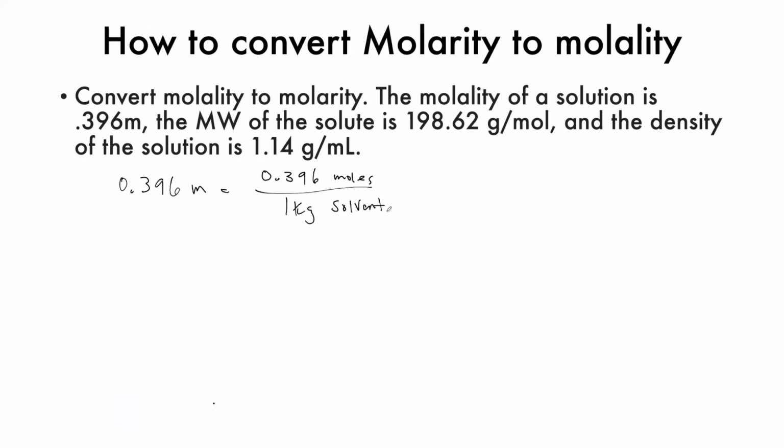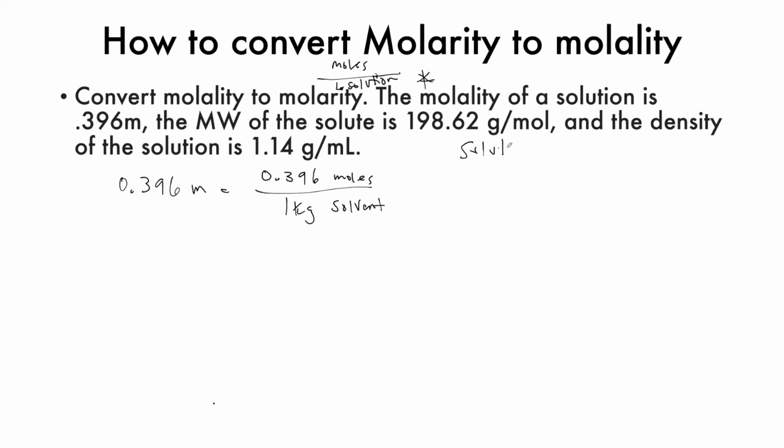So what we have to think about is basically how much of our solvent will make up the solution if we convert to molarity. So the thing to remember, like we showed in the previous slide, is that molarity is moles per liter of solution.